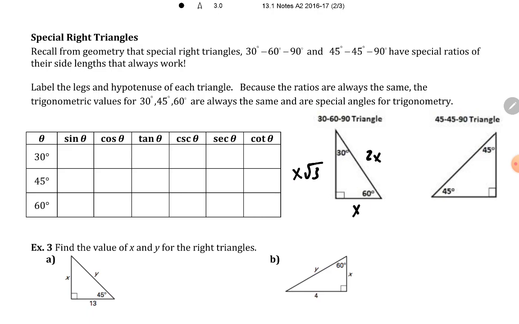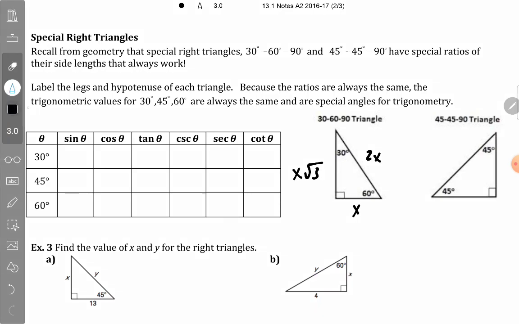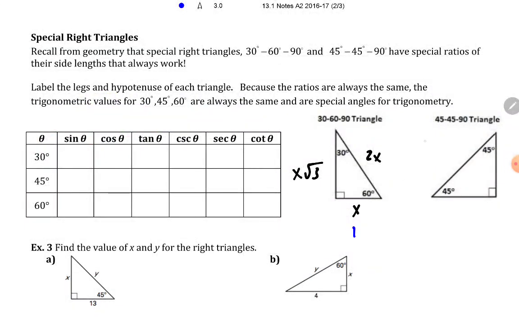Now, what if we had a radius, or if x was 1? We would have 1 here, this would be 2, and this just would be the square root of 3.